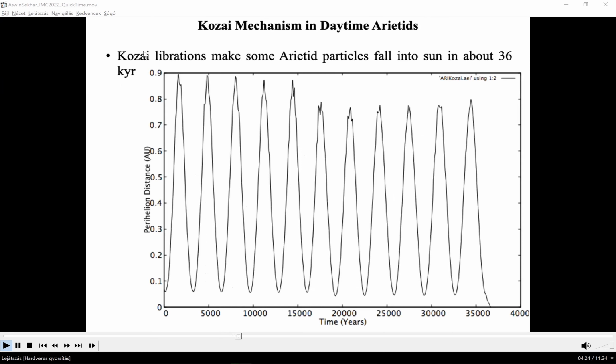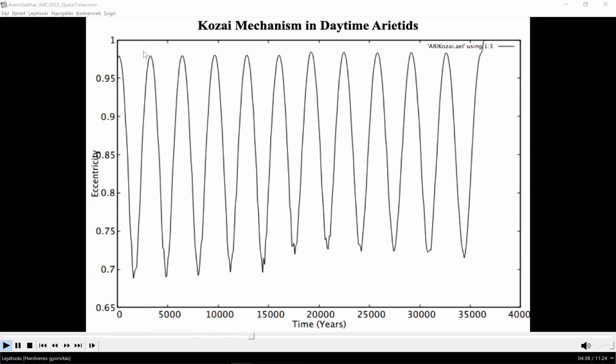And if you actually look at the perihelion distance versus time for daytime Arietids, you can actually see the Kozai librations making some Arietids particles fall into the sun in about 36,000 years.